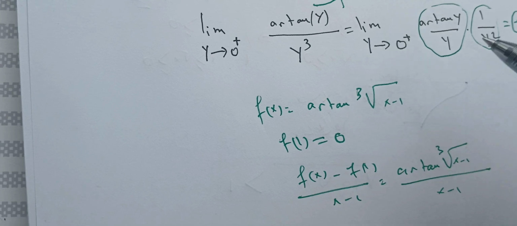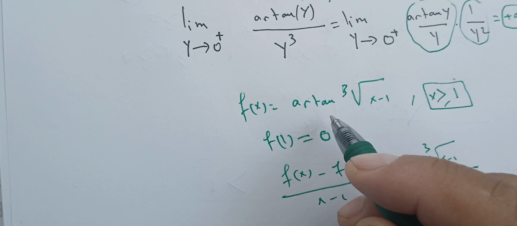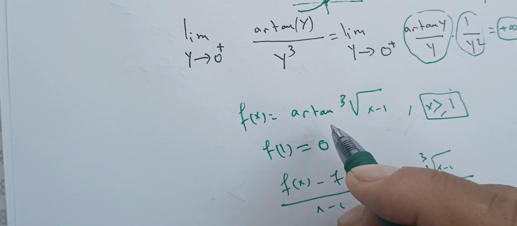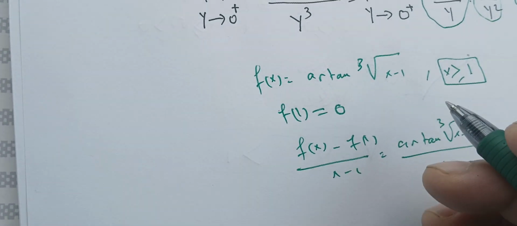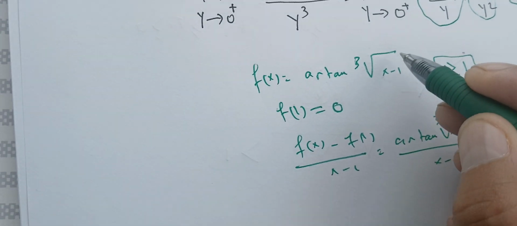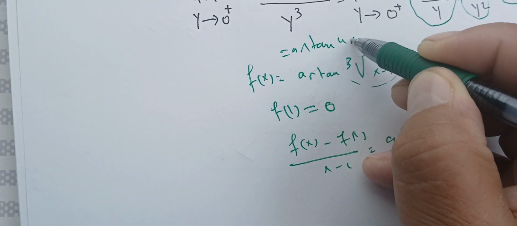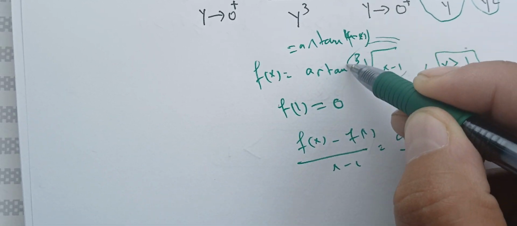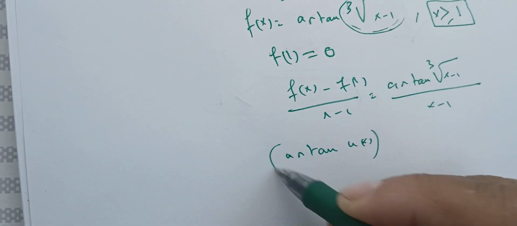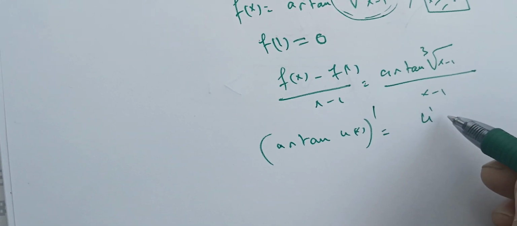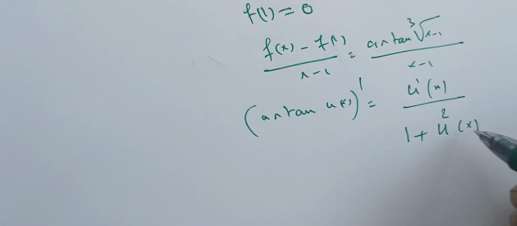Note that our function is defined when x is bigger than 1. We can find the derivative of the arctangent of u of x, because this is a composed function, with u of x being the cube root of x minus 1. The derivative is u prime of x over 1 plus u squared of x.